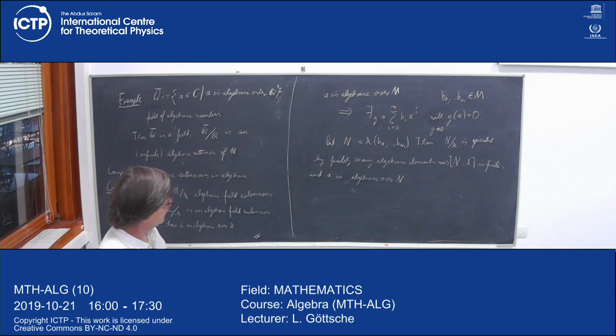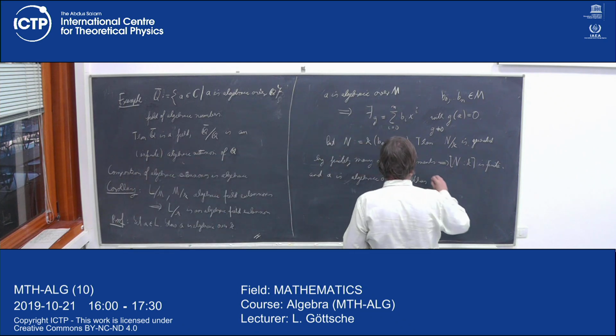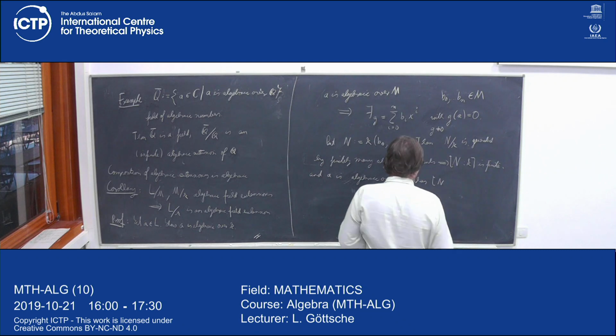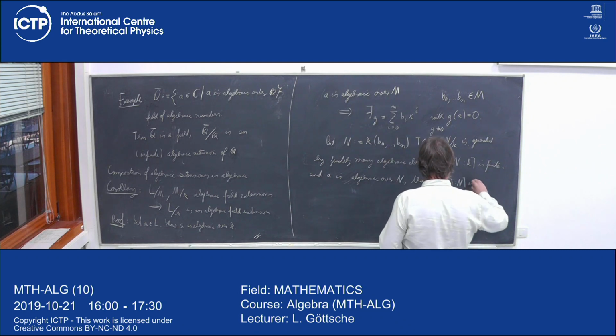So A is algebraic over N. Thus the degree of N(A) over N is finite.